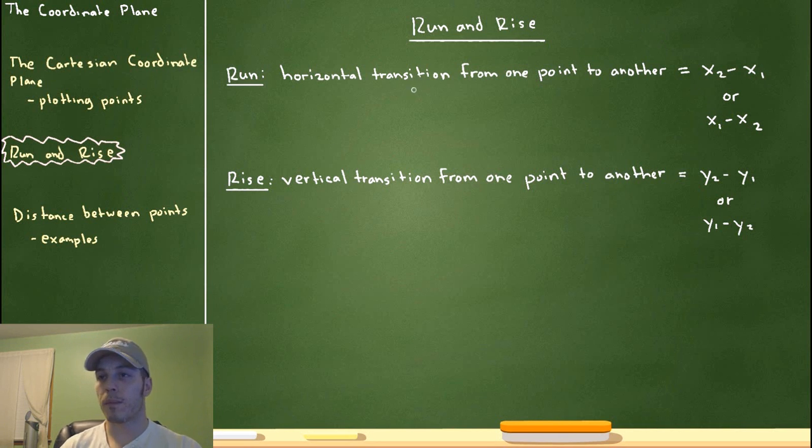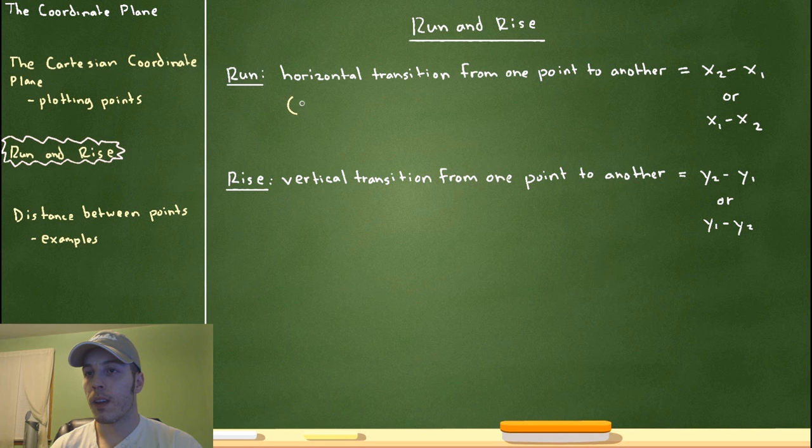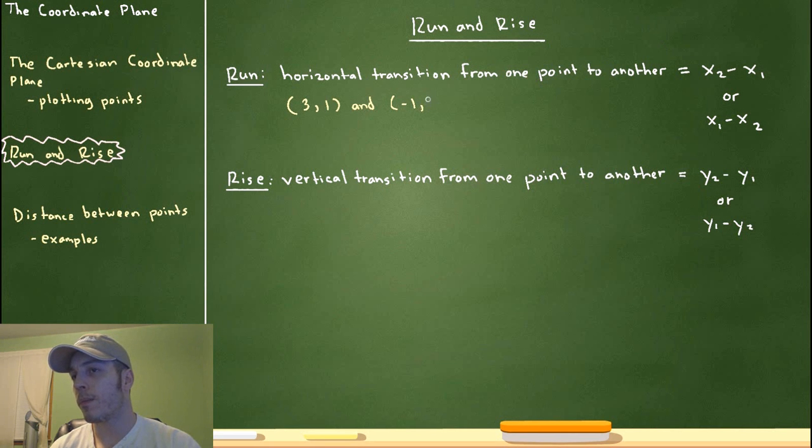So what do I mean by that? Okay, let's see if I left myself enough room here to do this. Okay, so the run, if I'm given a point, so a coordinate (3, 1), and let's say (-1, 3). No, (-1, 4). Okay, so if I have this set of points here, we have 2 points.